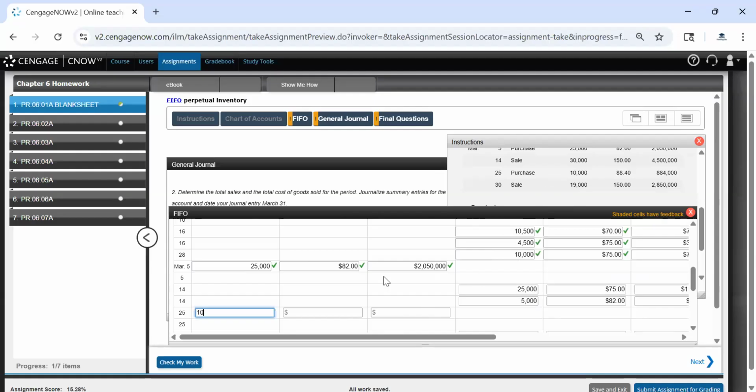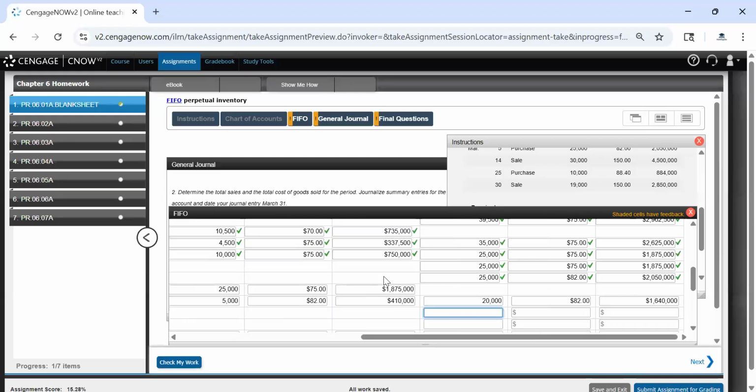Now we purchase another 10,000 units for $88.40 per unit, and that's $884,000. And now we have two layers of inventory again. And we just record them both.